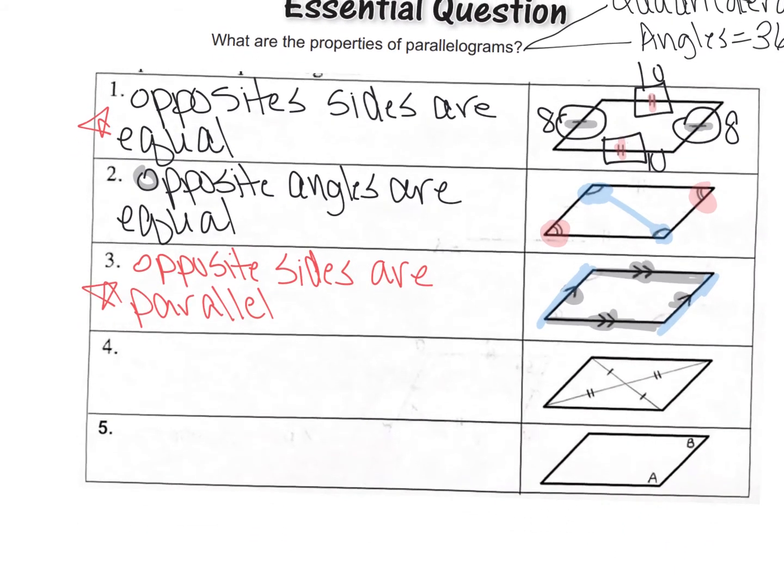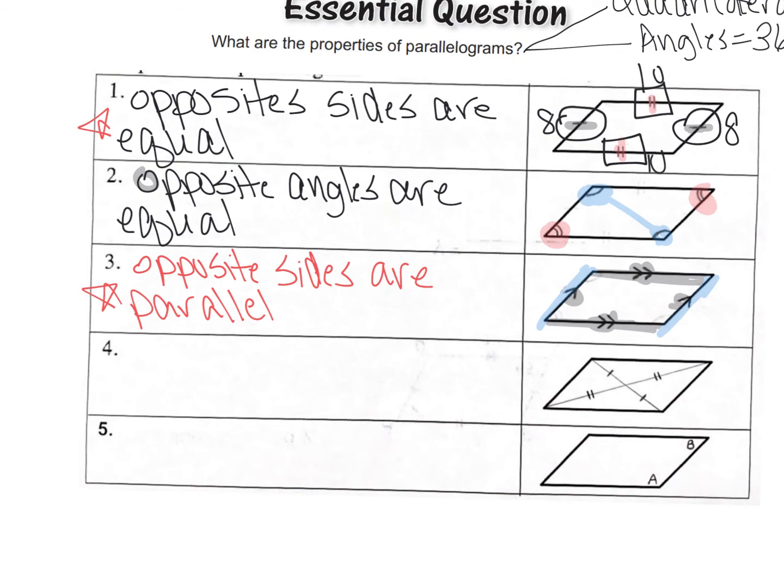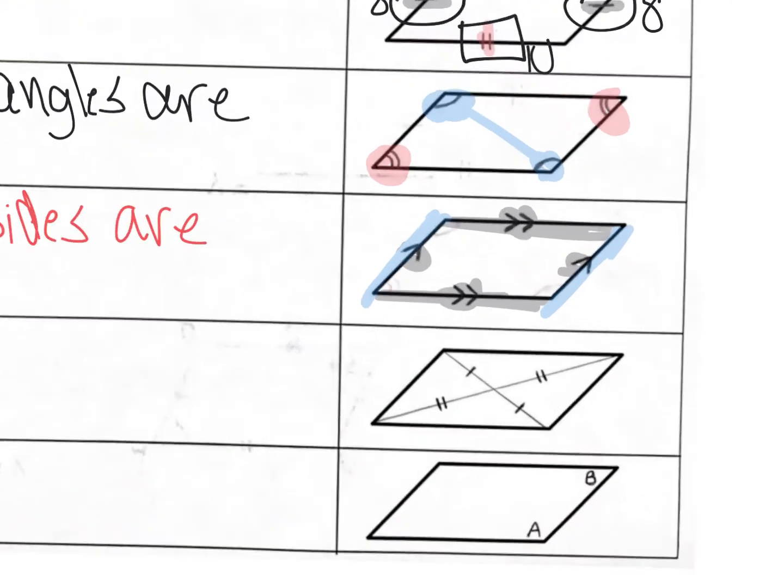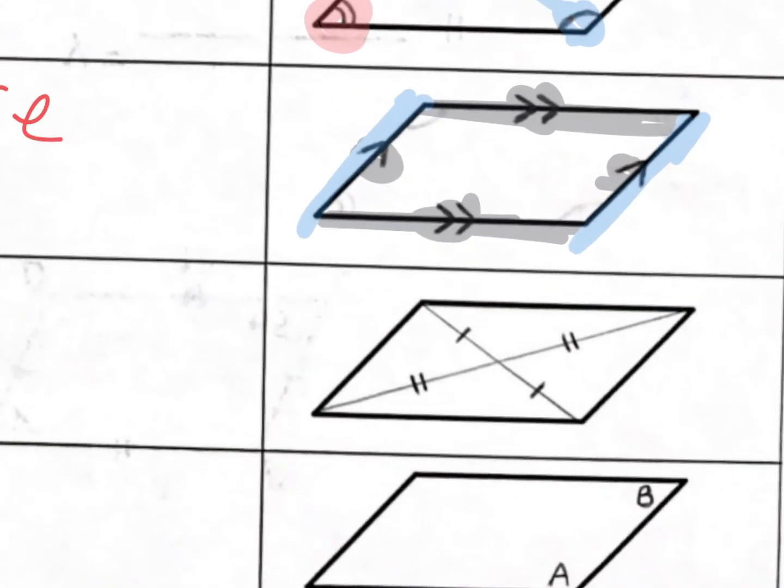All right, so if we look down at number 4, let's look at this diagram here just a little bit. Going through here, that is what we call a diagonal, and there are 2 diagonals. You've got the one I just marked in blue, and we also have the one I'm going to mark in green.